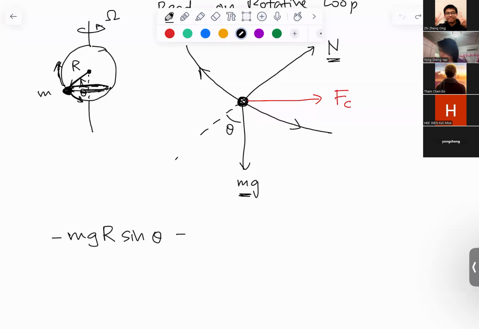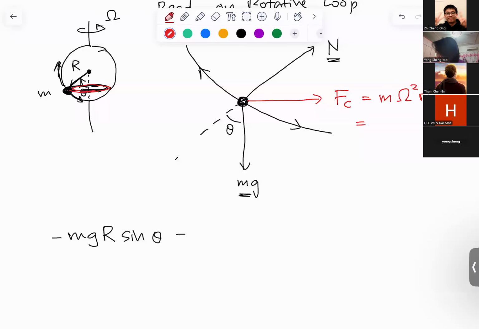I'm going to move it to the other side. So the centripetal force gives you a torque, where Fc, the centripetal force, is m omega squared r, and r is the radius of the circle that it is going around.